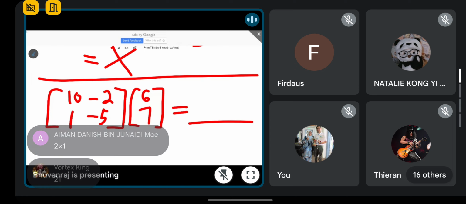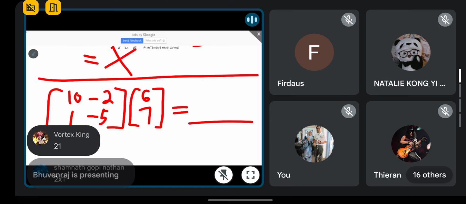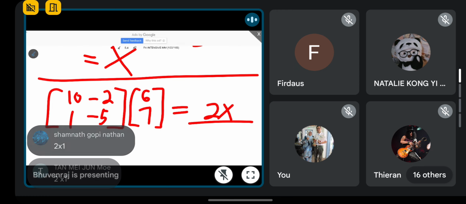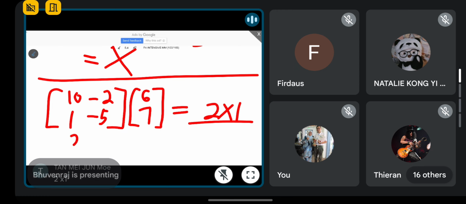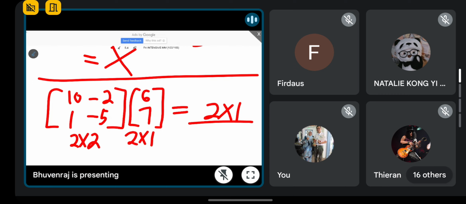Okay, salah. Saya pun kena kira. Yes, correct. 2 times 1. Okay, very good. So for those not really sure, you must do one by one. This is a 2 times 2 matrix because 2 row 2 column, dua baris dua lajur. Okay, this one is a 2 times 1 matrix, 2 row 1 column, dua baris satu lajur.